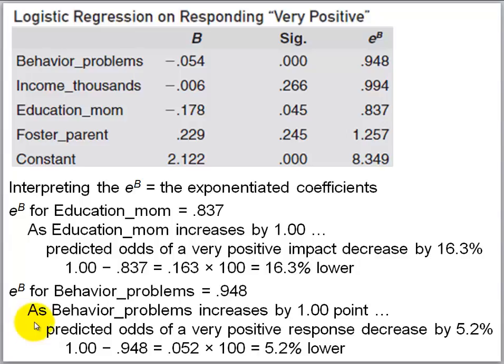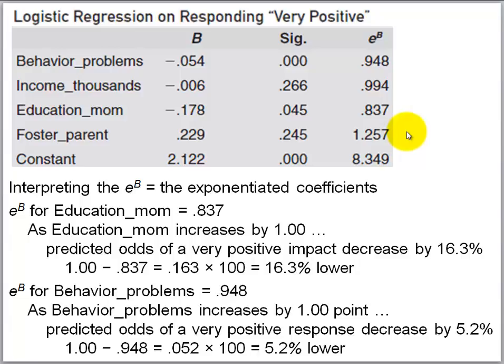And here is our calculation, which yields the 5.2%. I note that where an EB coefficient is greater than 1, this conveys that an increase in the predictor leads to an increased odds of the event.